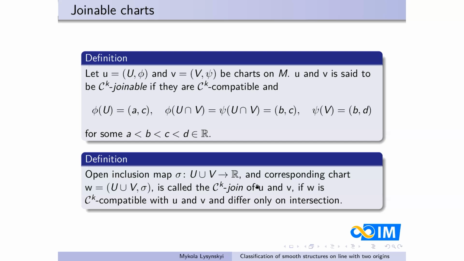Essentially, we are just defining a new chart which is C^k compatible with the previous two charts, and the restriction of this homeomorphism is precisely these charts on the set U minus V, or vice versa.